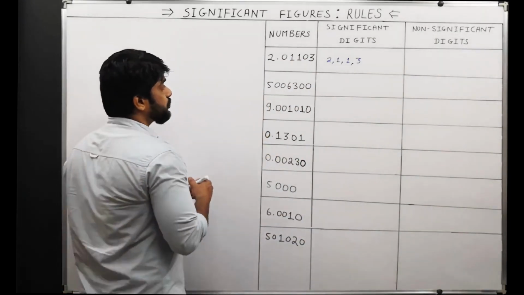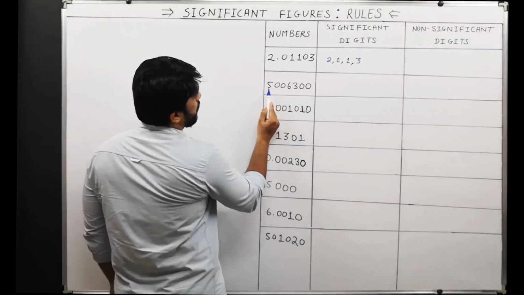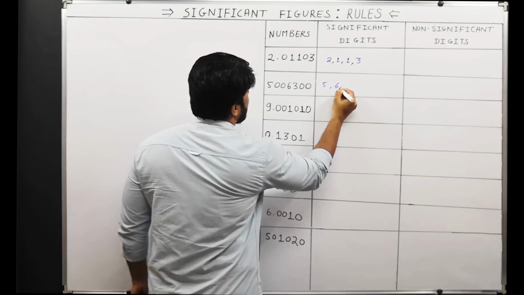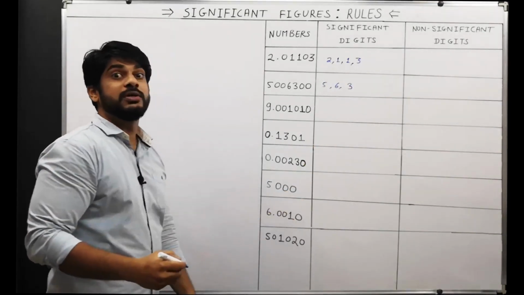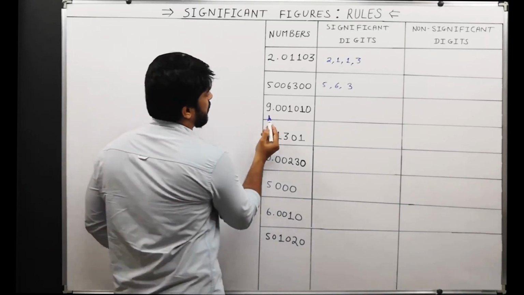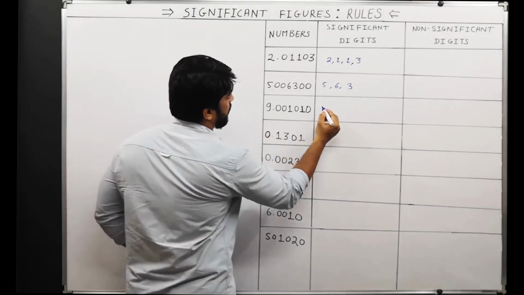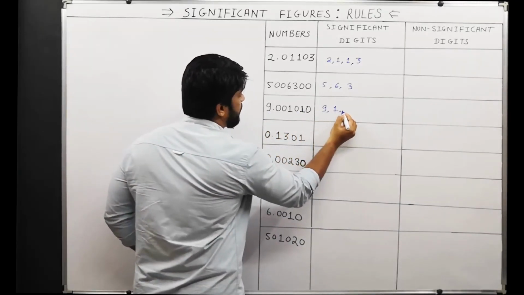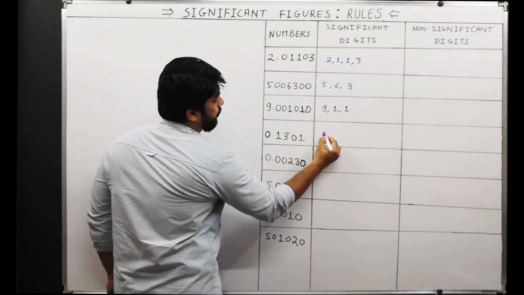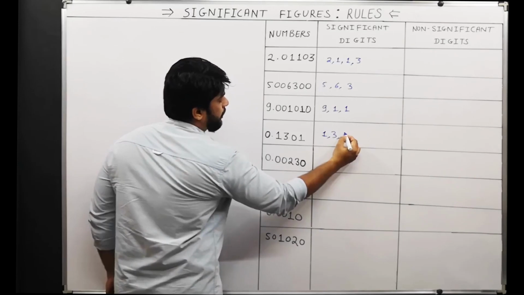Now over here, which are the non-zero digits? 5, 6, 3. They are definitely significant. Now here 9, 1, 1. So these are significant. Over here 1, 3, 1.